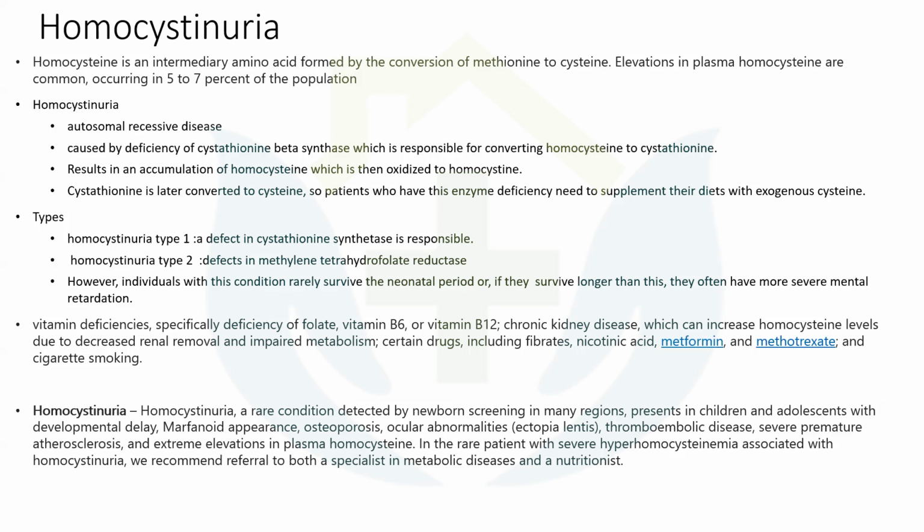This is because there is some enzyme deficiency, from where the homocysteine is supposed to be converted into the other product, which is not happening here. I'll show you the picture in the next slide.